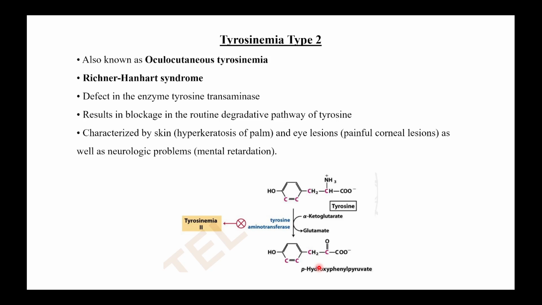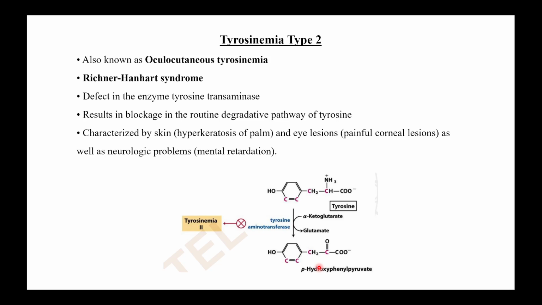Any defect in tyrosine metabolism is classified under tyrosinemia, where tyrosine accumulates because it is not broken down into the next compounds in the pathway, right? So this is tyrosinemia type 2, where the defect is in the first enzyme, tyrosine transaminase. This defect is also known as oculocutaneous tyrosinemia, or Rickner-Hanhart syndrome.